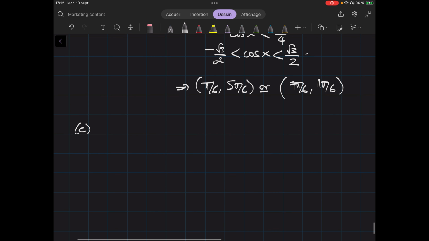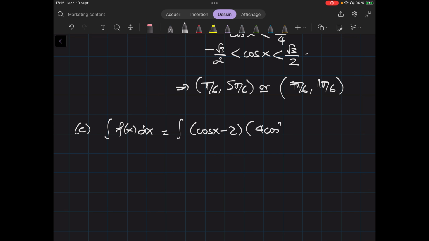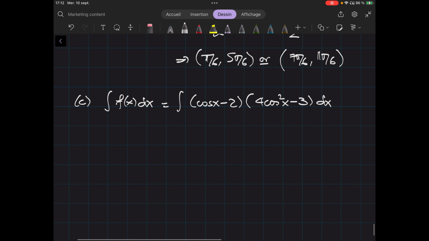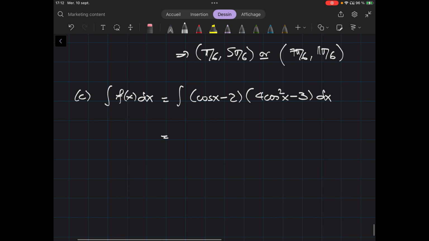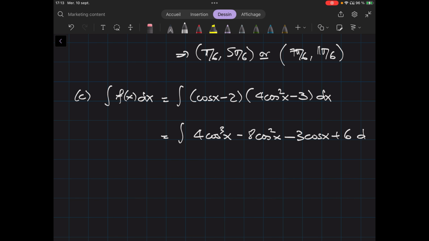Part C. We now want to find the integral of f of x dx. This is the integral of cos x minus 2, times 4 cos squared minus 3. First, we'll expand the brackets. 4 cos cubed, minus 8 cos squared, minus 3 cos, plus 6.